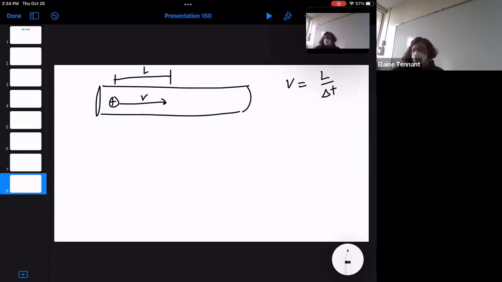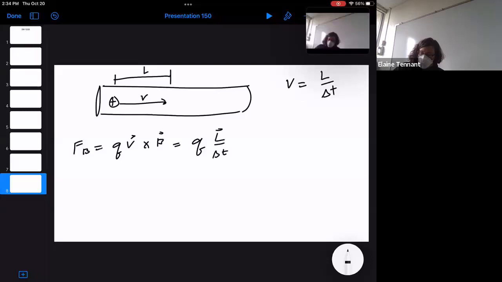Sound okay? And so this magnetic force, QV cross B, I could substitute in L over delta T for my V. Is that okay so far?